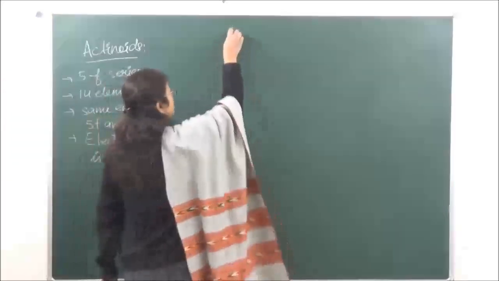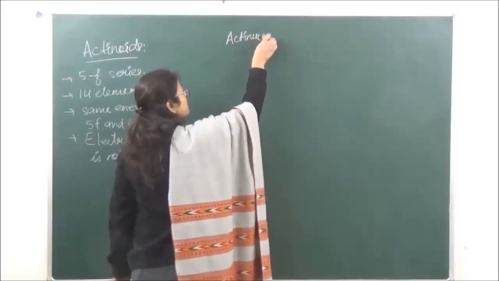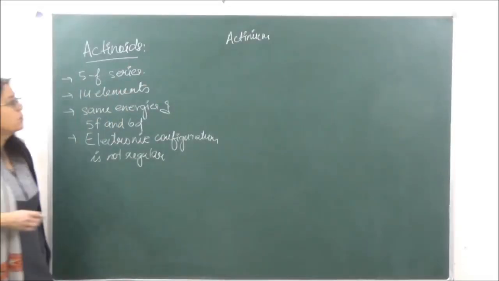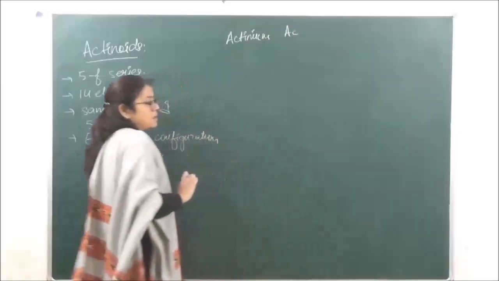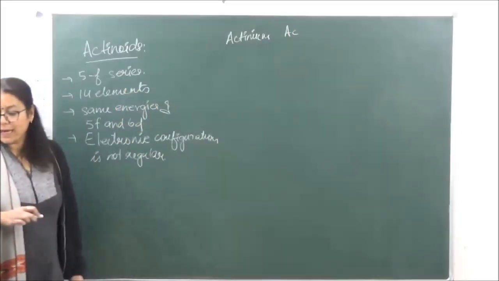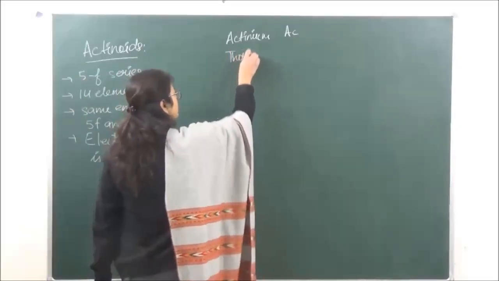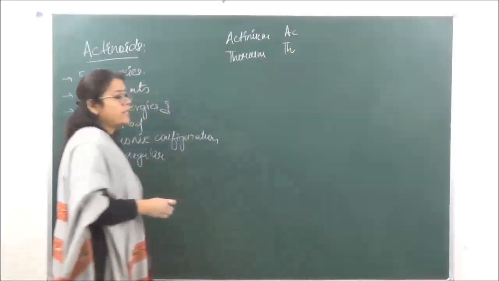The first member which we have is actinium. Okay, this is going to be the first member with a symbol of Ac. Right? The second member is thorium, with a symbol of Th.